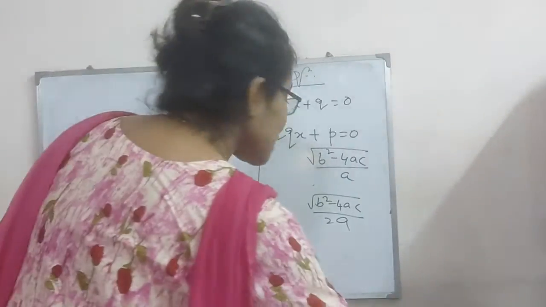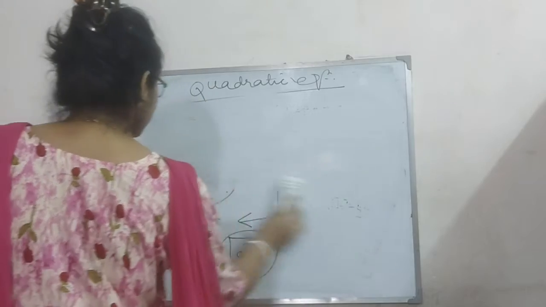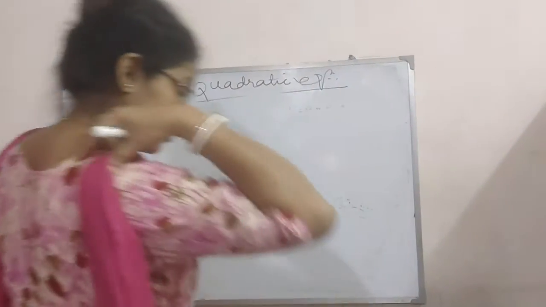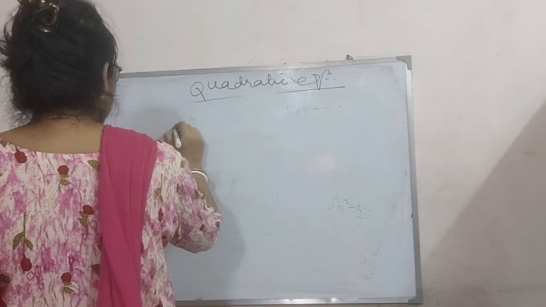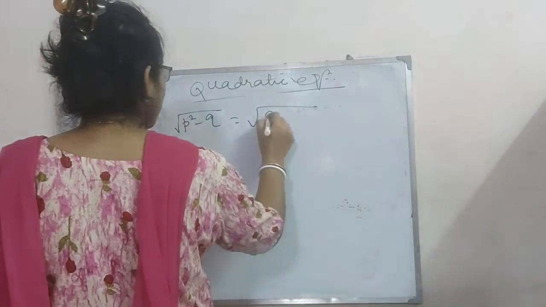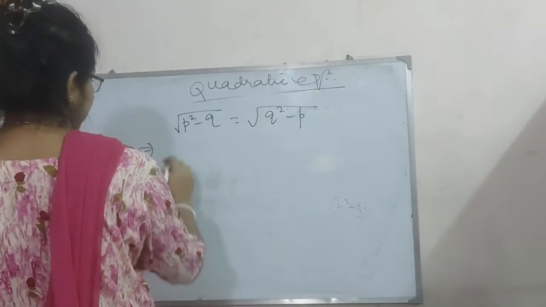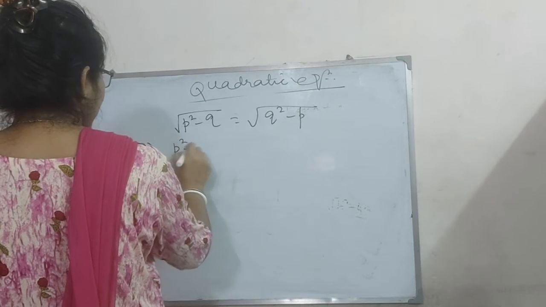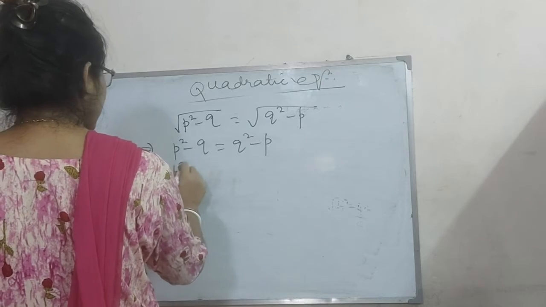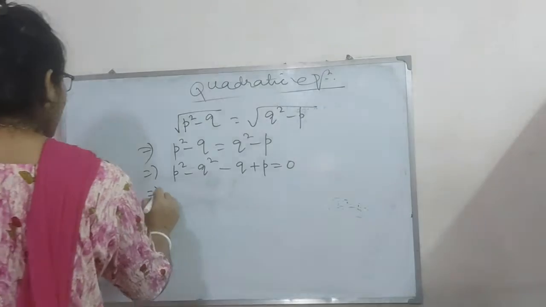Root over p square minus q is equal to root over q square minus p. These two are equal, so p square minus q equal to q square minus p. From here I will write p square minus q square plus p minus q equal to 0.